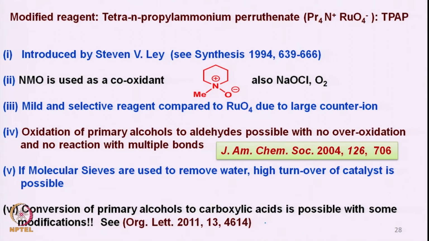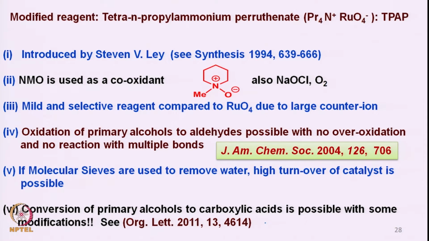Now, there is a modification of the ruthenium tetroxide. We saw in many cases that the aldehyde is oxidized to the corresponding acid. That means if you allow a primary alcohol to react with ruthenium tetroxide, it forms the corresponding acid, and I had already discussed the mechanism of the formation of the acid from aldehyde using ruthenium tetroxide.